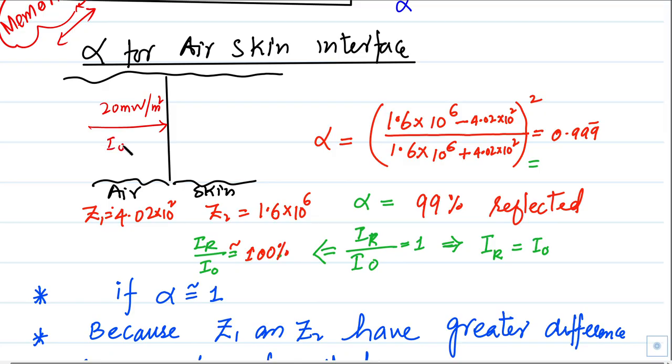Let's say this is I naught, and very small amount will be sent into the body. Remaining, 19.9 milliwatt per square meter, will be sent back. So only 0.1 milliwatt is entering the body.